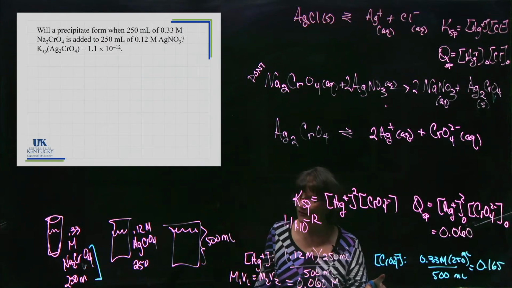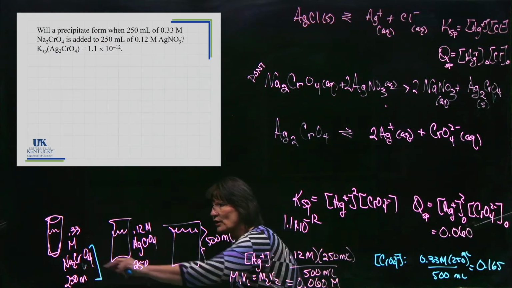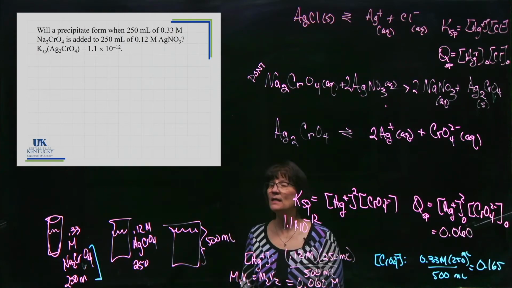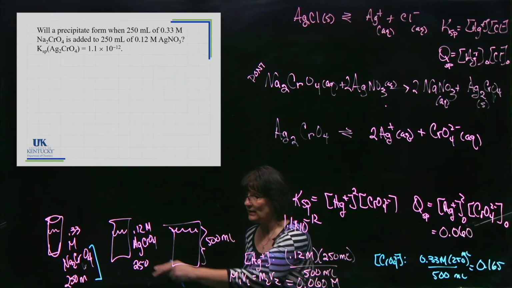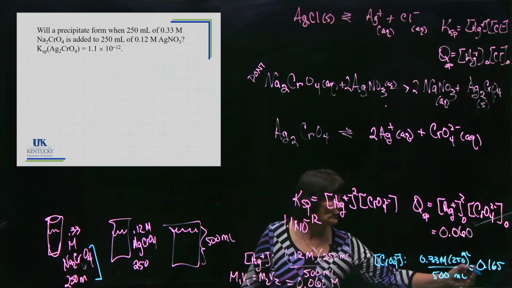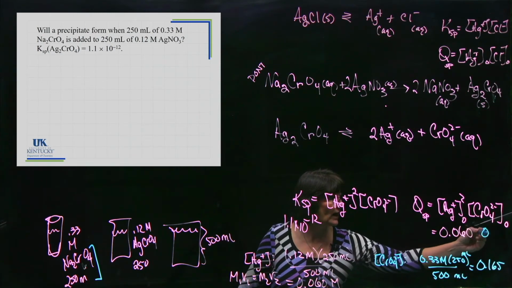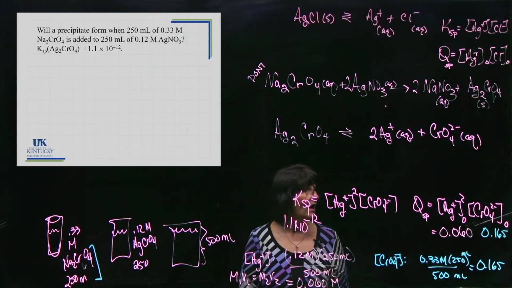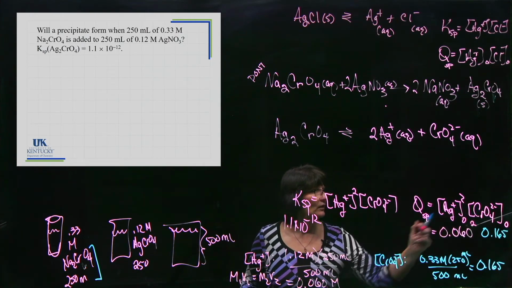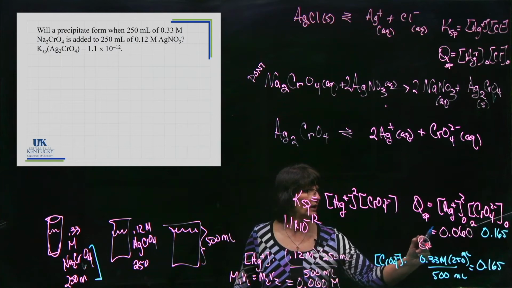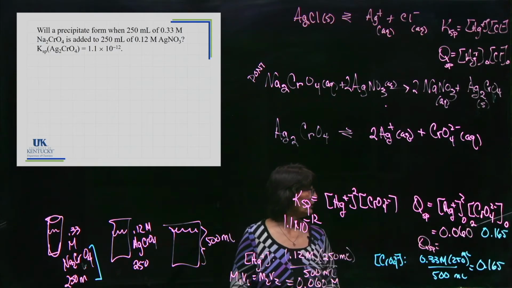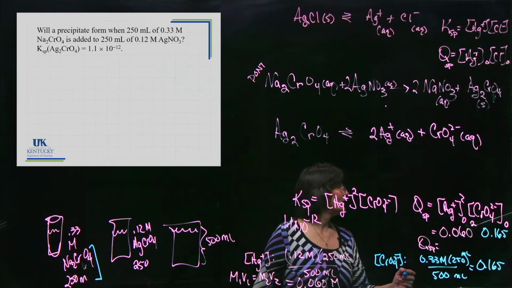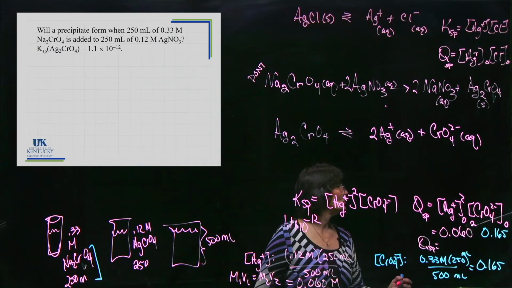Now that's of sodium chromate. Is that the same as a concentration of chromate? Yes, because there's one chromate in sodium chromate. So this is the concentration of chromate that I can put in here, 0.165. I'm going to keep in mind that this had to be squared, and that's going to give me a QSP of 5.9 times 10 to the minus 4.